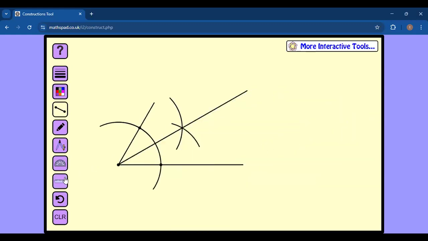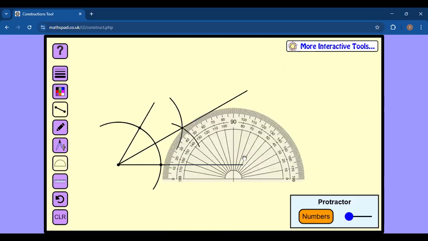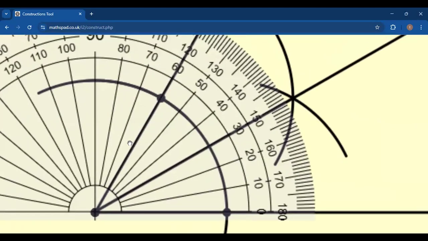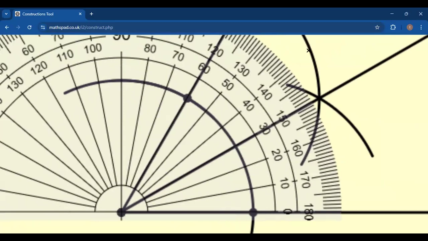Very nice. All right, so let's go ahead and use our protractor and see if it's exactly how we want it. As you can see, if you look carefully, this one is 0, 10, 20, and this one, look at this.